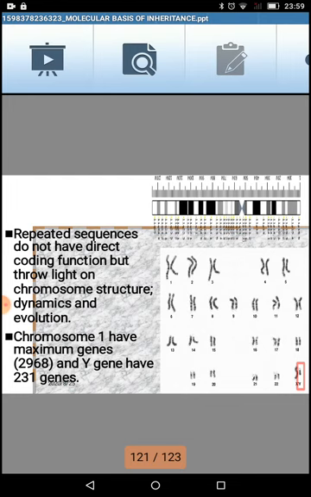Chromosome 1 has the maximum number of genes, that is 2968, and the Y chromosome has the minimum number of genes, that is 231. So chromosome 1 is the biggest of the 23 pairs, or 23 chromosomes.